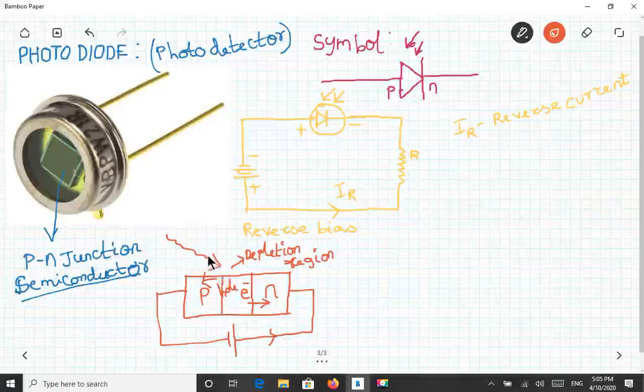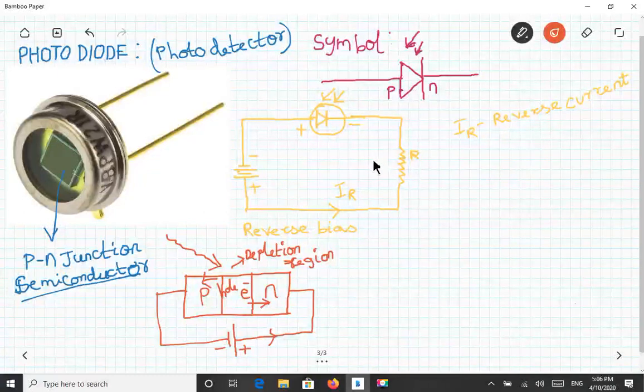The light photon provides the energy to release it, that is the work function plus kinetic energy, supplied by the photon, so that the electron and hole pair is released. The hole will be attracted towards the negative and the electron towards the positive, so there will be a current circulation here. This is the basic principle of the working of a photodiode.